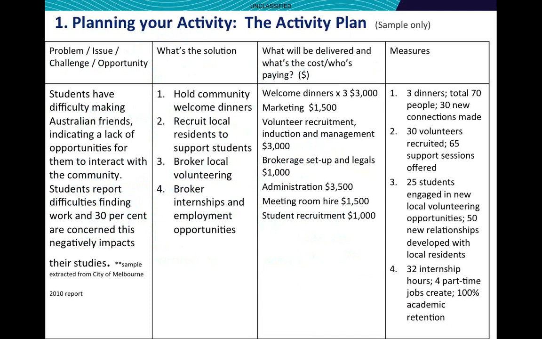The importance of an evidence base and a logic to your activity, and again, your points, I'd reinforce that you need to be realistic about the measures and the time frame that you're trying to implement your activity in.